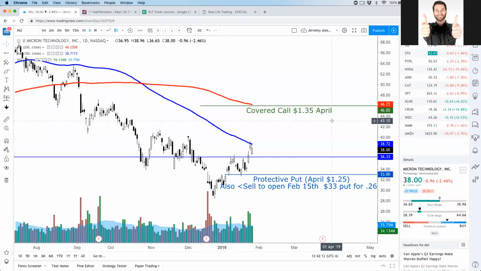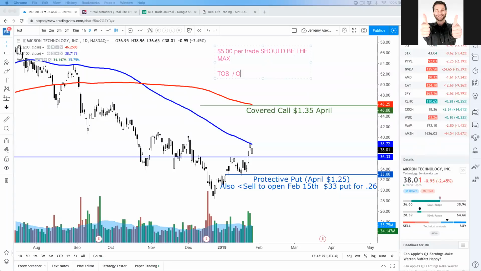But Alex says, what broker do you use to trade and how much do you expect to pay for commissions? Alex, at this point in time, you should never really pay more than $5 per trade for any broker. $5 per trade should be the max. I use TOS and IB. So you should never pay more than that ever again for the rest of your life. So $5 per trade, $2 per option max.